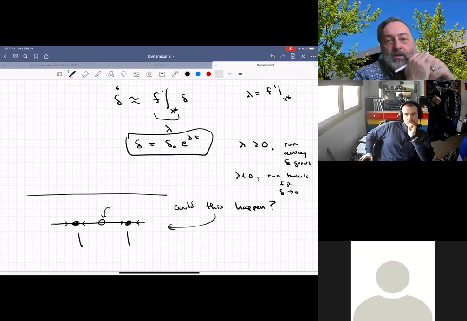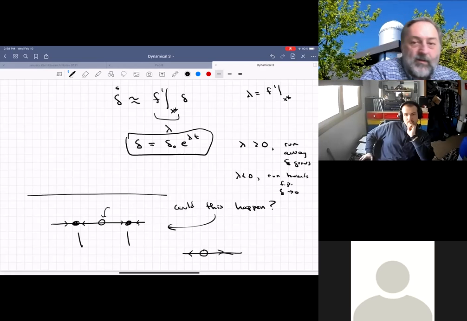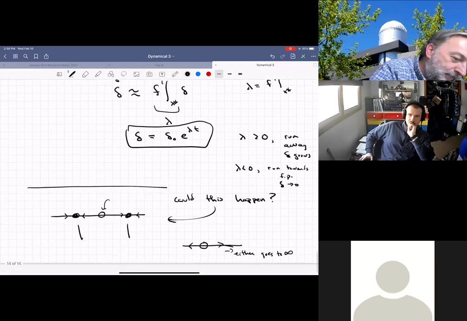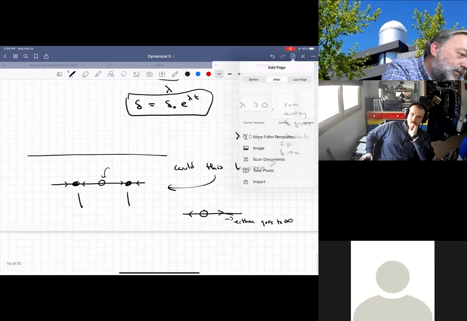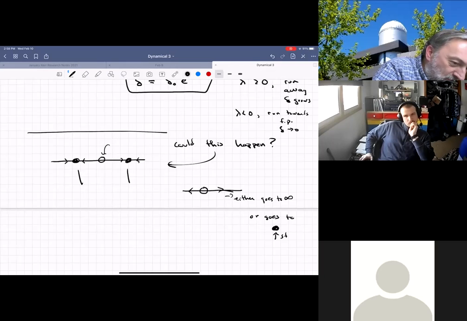Because I'm trapped to move along this axis, if you've discovered in some region that there's an unstable fixed point here, and so the flow is this way, this flow on this side either goes to infinity or it goes to some stable fixed point.